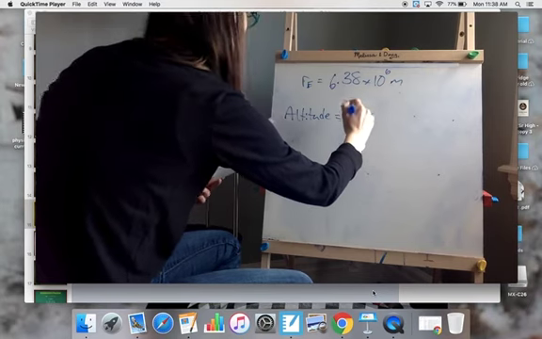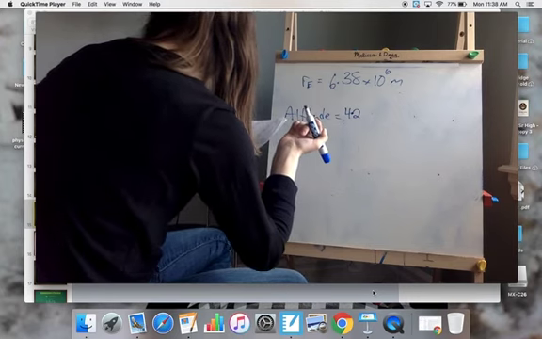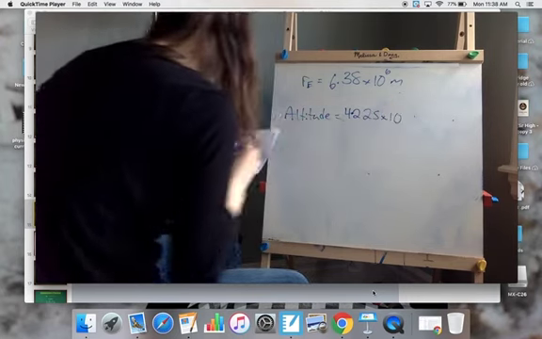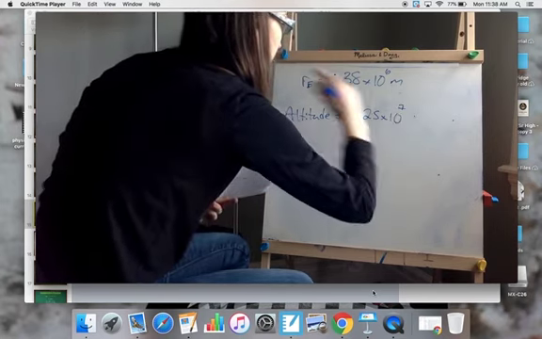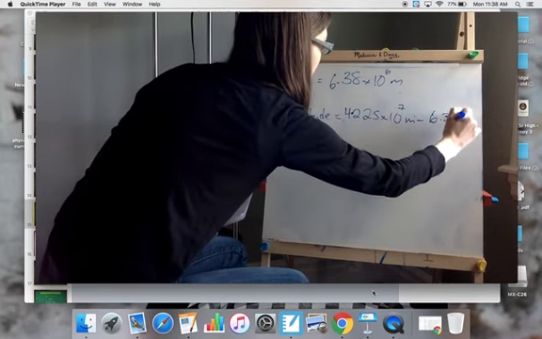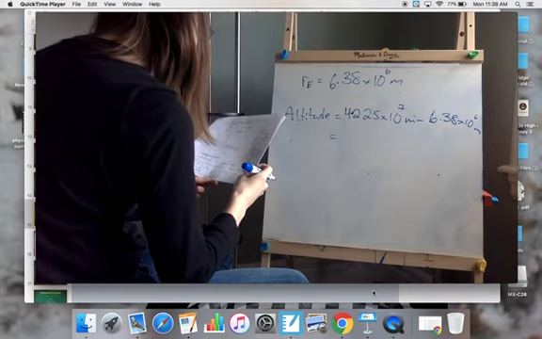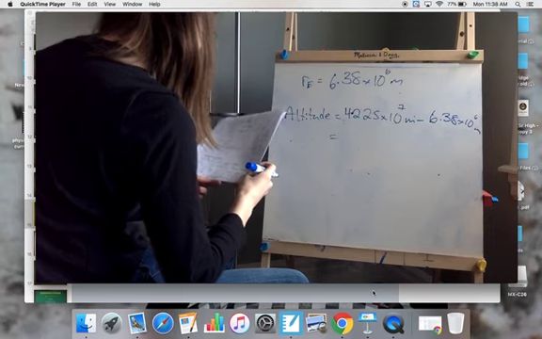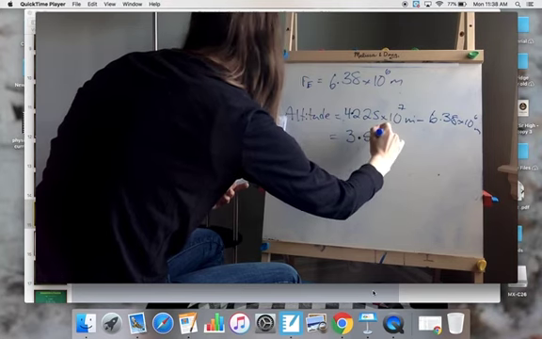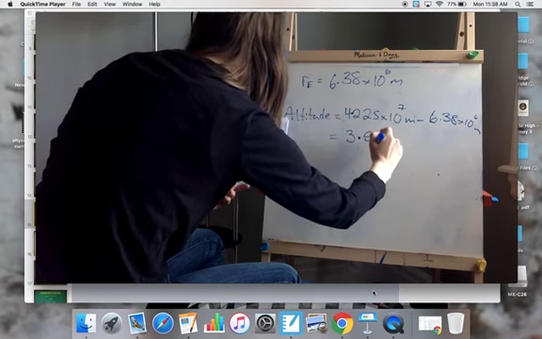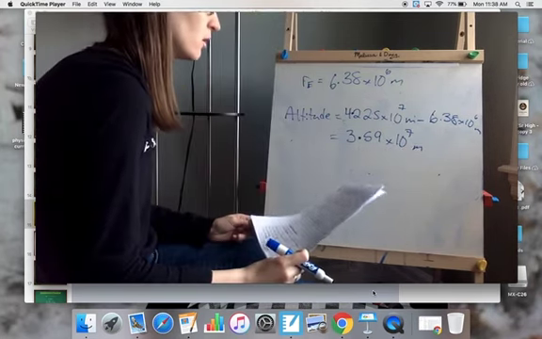Let's change it to scientific notation, so 4.225 times 10 to the 7, minus that radius of the Earth, and once we subtract those, you get a value of 3.59 times 10 to the 7 meters.